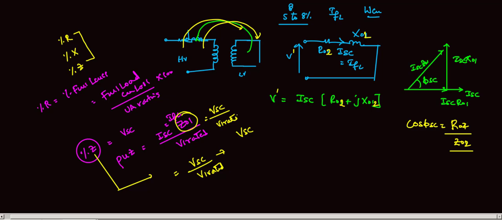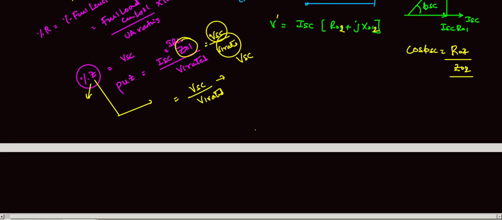Out of the rated voltage you are taking the VSC amount of voltage, so a fraction of the voltage. So the amount of voltage required to produce the rated short circuit current is nothing but the percentage impedance. If you know percentage resistance and percentage impedance, you can easily calculate percentage reactance, because Z equals R plus JX. You apply the magnitude and you can get the answer.